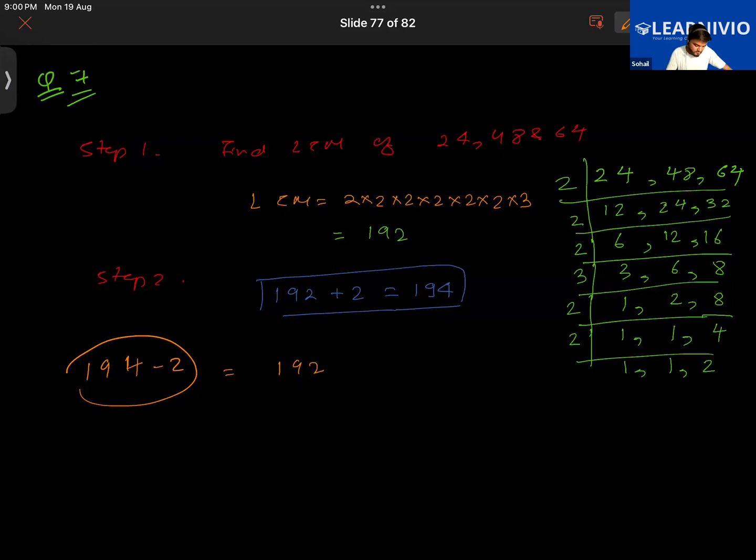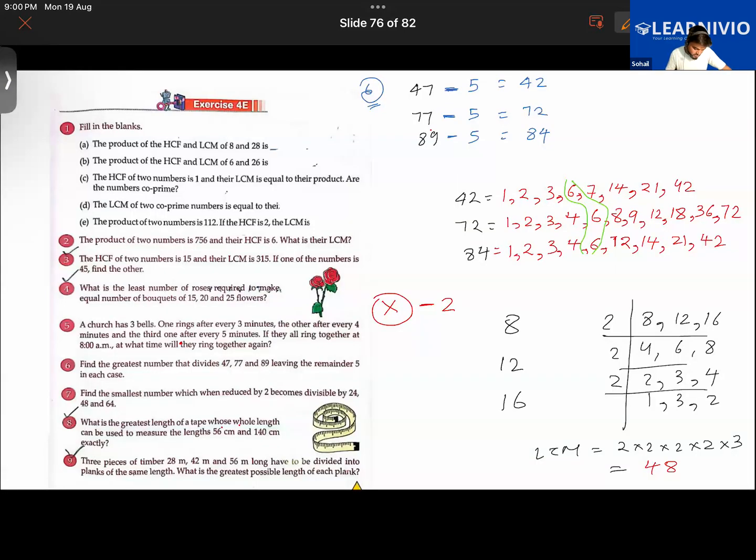Okay. Now moving on to question number 8. Now let us try to understand what question number 8 is saying. In question number 8, it is being mentioned that you have to find what is the greatest length of a tape whose whole length can be used to measure the length 56 centimeter and 140 centimeter exactly, right?